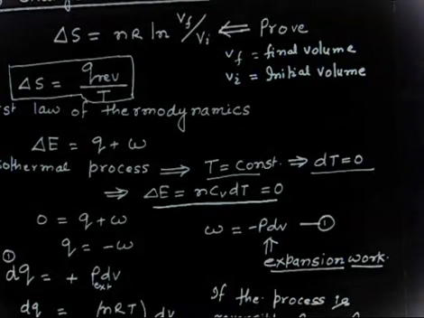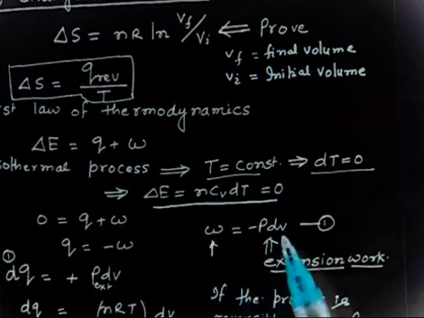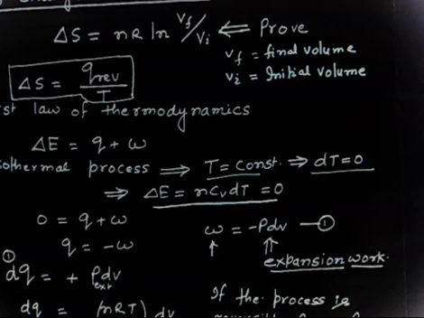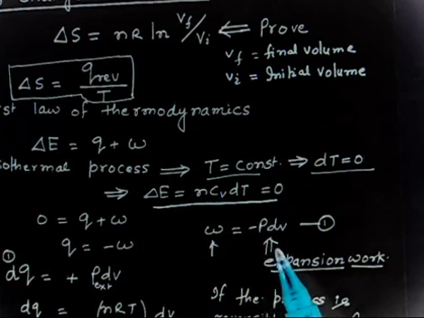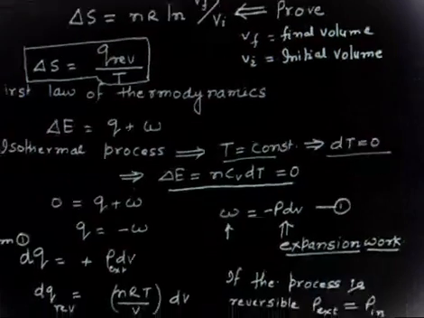The minus sign comes because if you increase the pressure, volume will decrease, and to balance the sign on this side and this side, I have to plug in a minus sign.